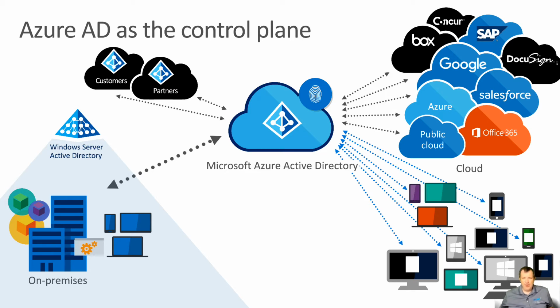When you join the machines to Azure Active Directory, they can get a new certificate from Azure AD over the internet without being connected to VPN. So it's a better way to manage remote devices. And then of course single sign-on to all those third-party applications like Google, SAP, Salesforce, O365, Box, etc.